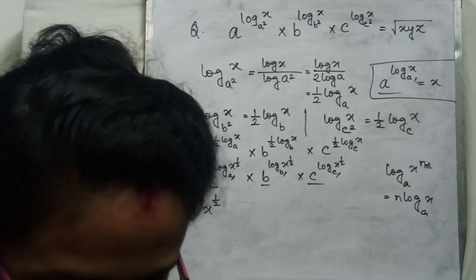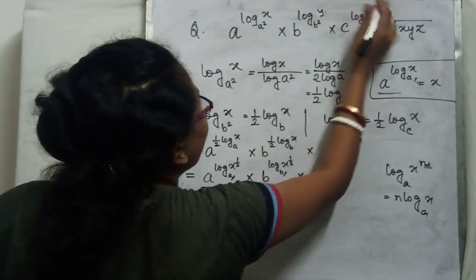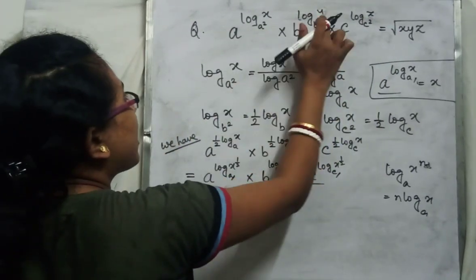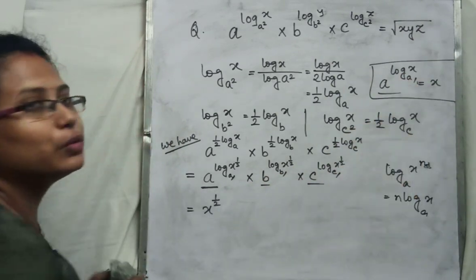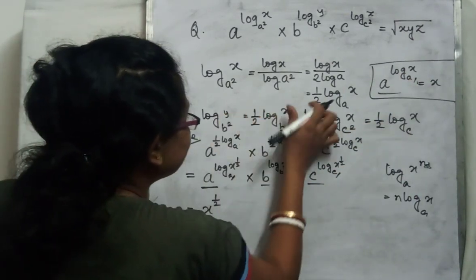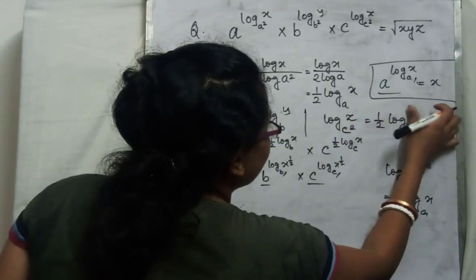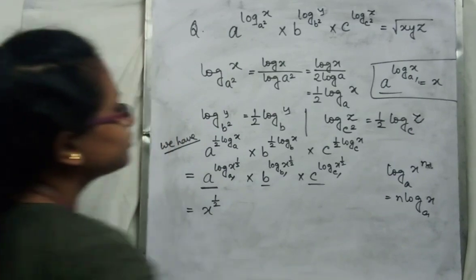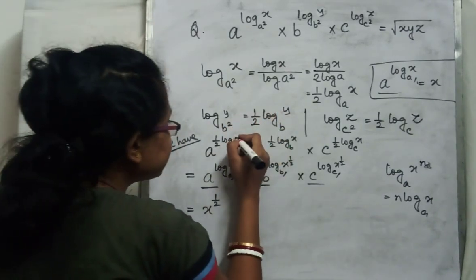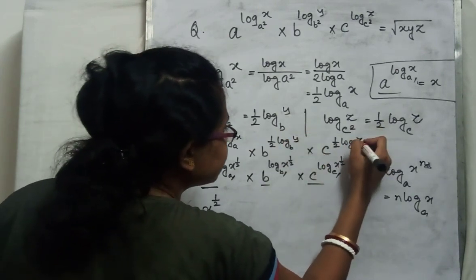Okay, sorry, I have a small mistake. This will be y and this will be z. I'm so sorry. This will be y, this will be z, so that we can prove this now. So I just made a mistake. Okay, so this is x, this is y, this is z.